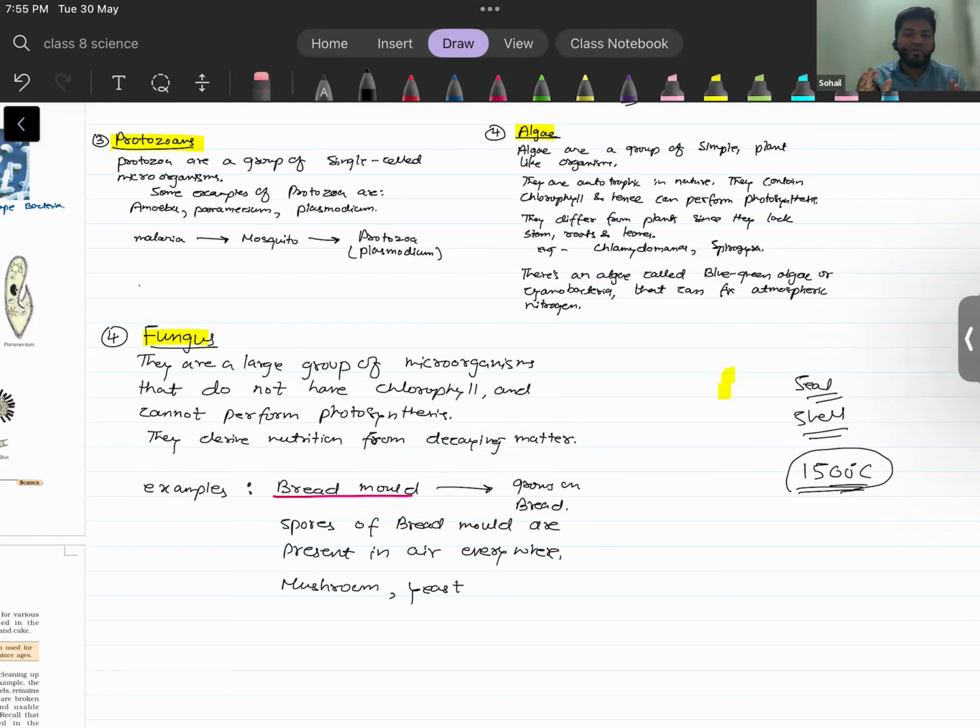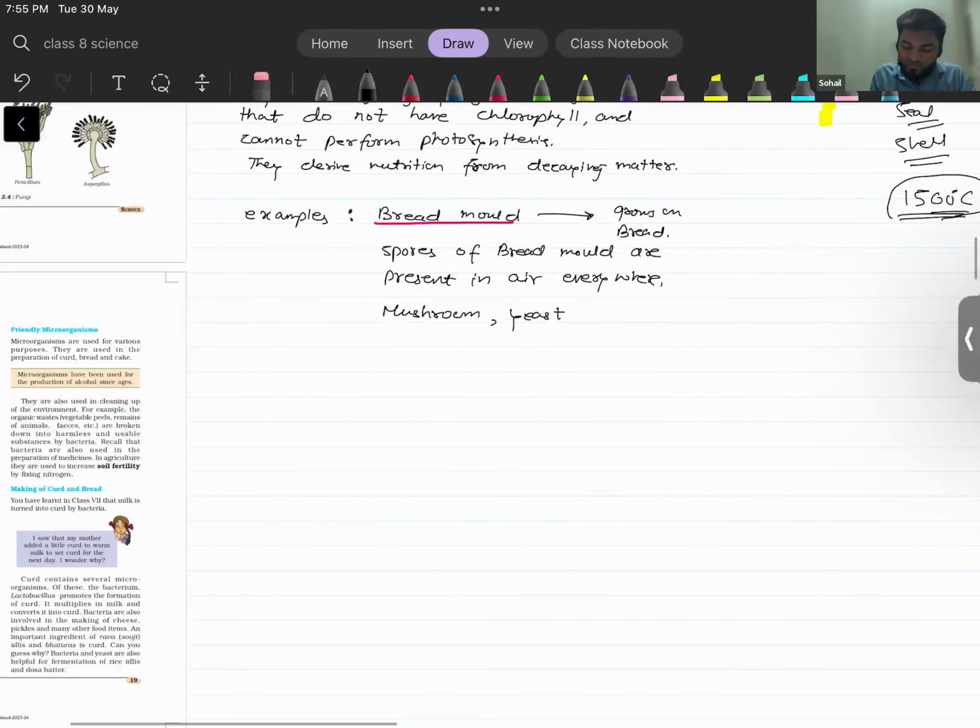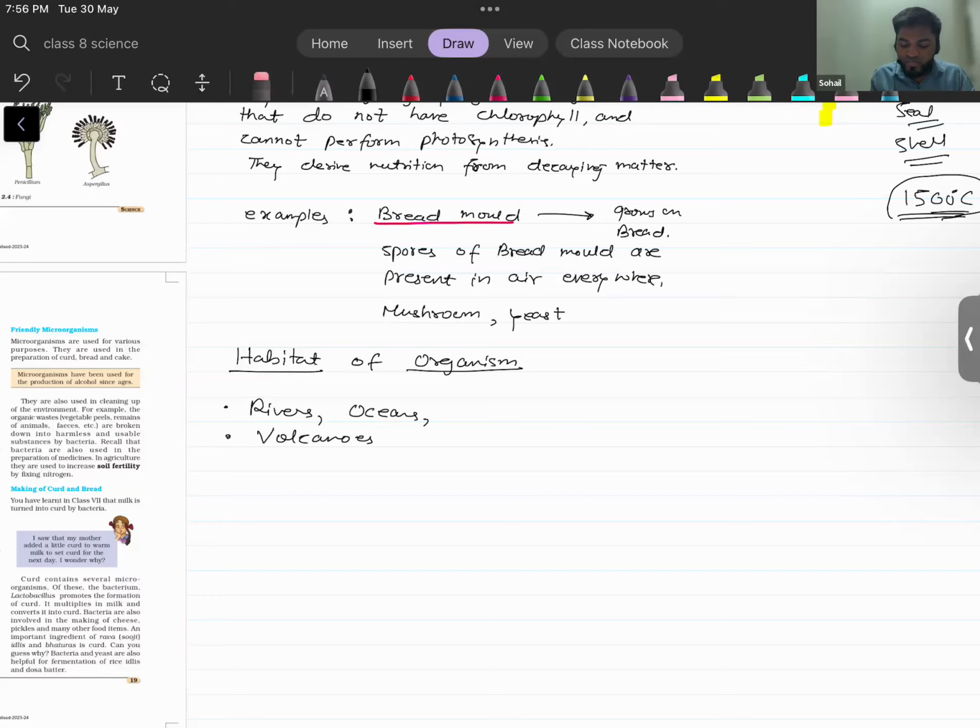Similarly, it was found that there are some microorganisms also that can live and survive in these kinds of environments. Talking about the habitat of microorganisms which we are discussing, they are found to be living in the harshest of climates, like rivers, oceans, and volcanoes.